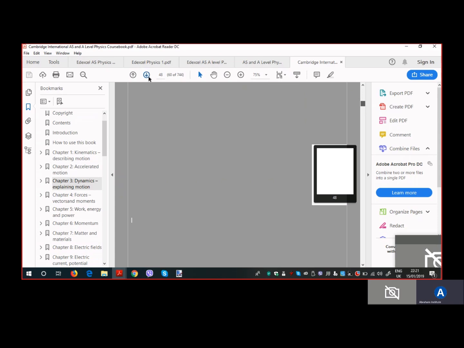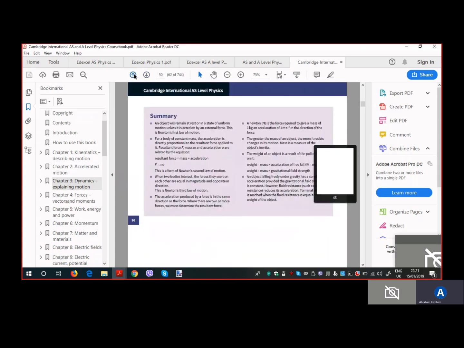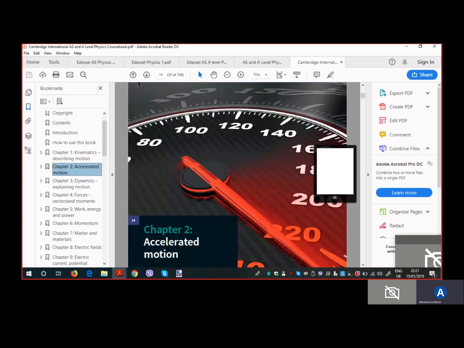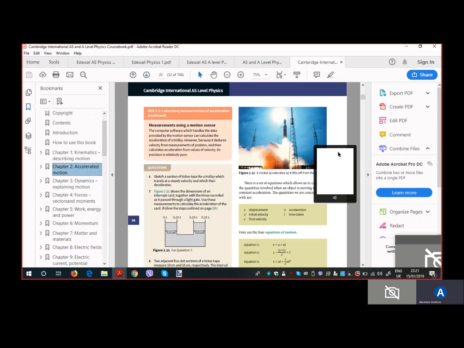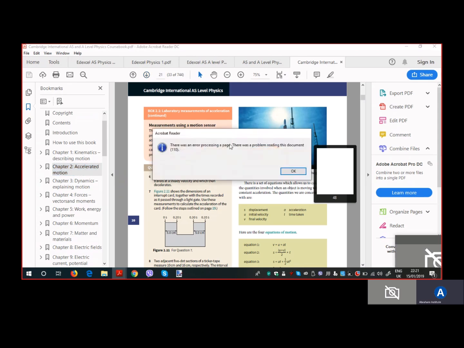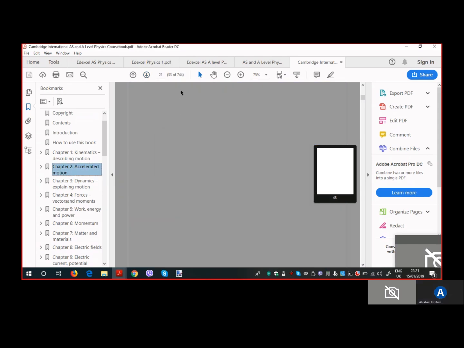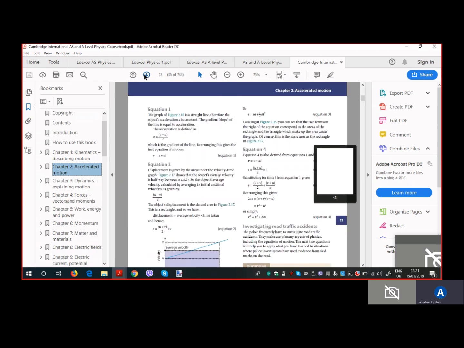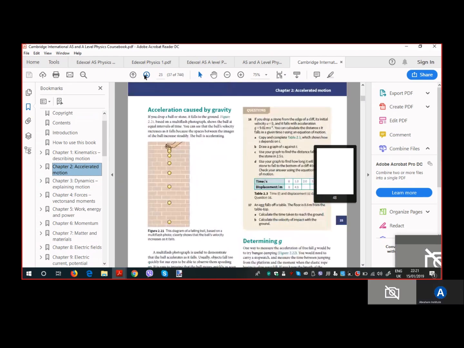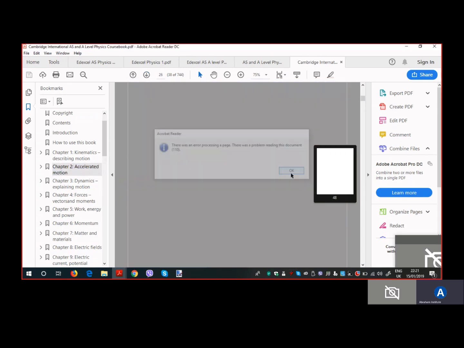That's why I wanted to use this one. Sure, here. Some pages are missing.